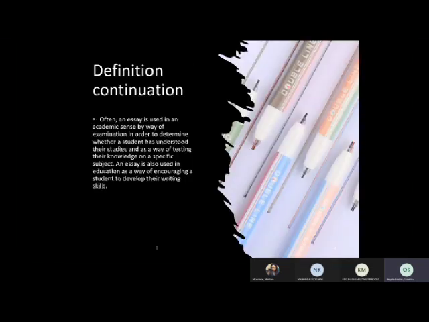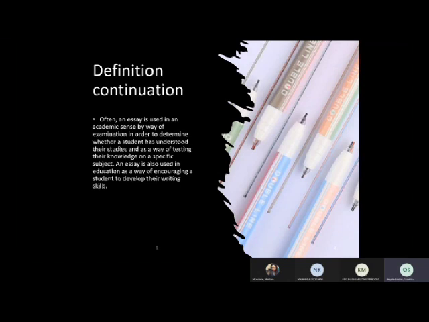Often an essay is used in an academic sense by way of examination, in order to determine whether a student has understood their studies and as a way of testing their knowledge on a specific subject. That is the reason why you're usually tested through an essay, be it assignments, exams, or tests.